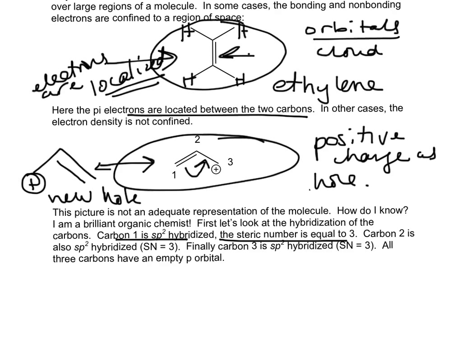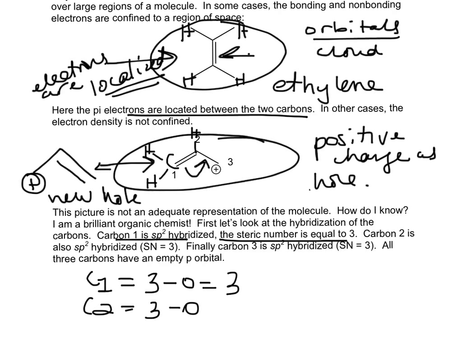If I show you just that quick calculation, carbon 1, here we need to assume that there are 2 hydrogens there, so that carbon 1 has 3 sigma bonds and no lone pairs, so the steric number equals 3. When we go to carbon 2, there's a hydrogen here, so it's 3 sigma bonds and no lone pairs, the steric number equals 3.